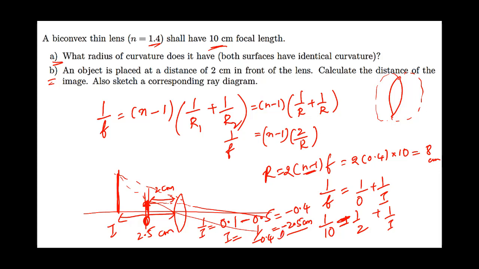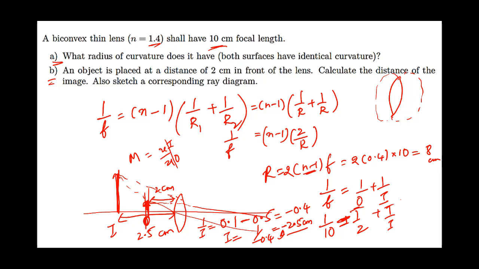So the negative sign here indicates that the image is also on the left. Recall the sign convention, right? So the negative sign here indicates that the image is also on the left, which we can see from the diagram. And you can also calculate the magnification if you want. The magnification is V by U, right? Or I by O, like how we had written here.